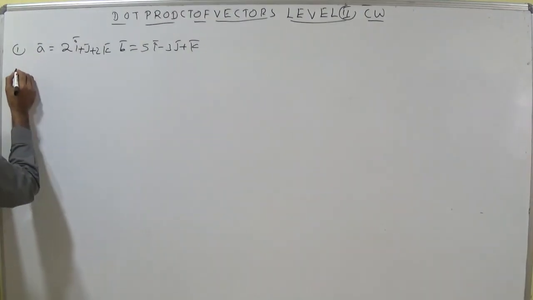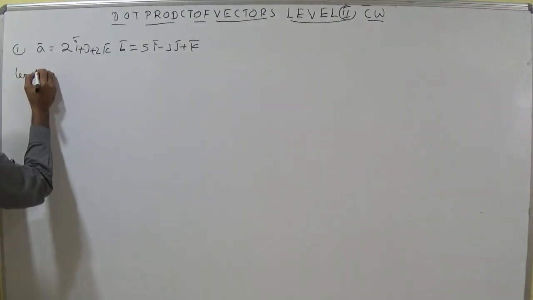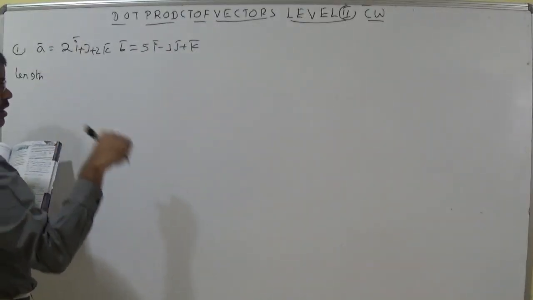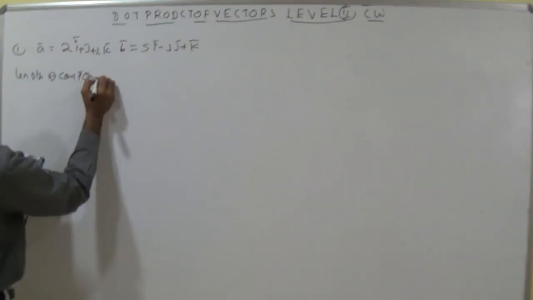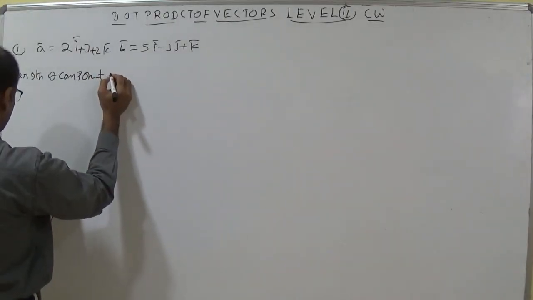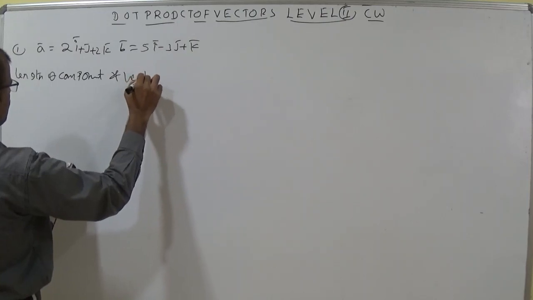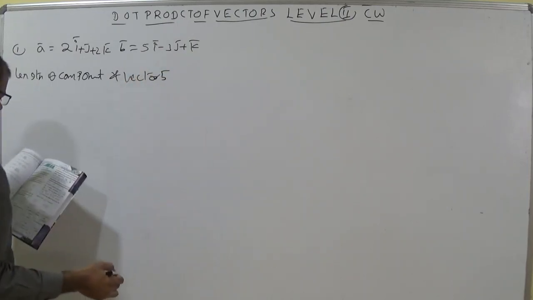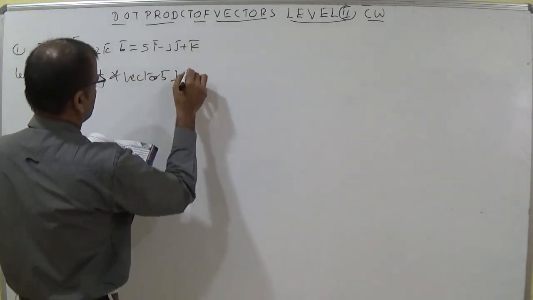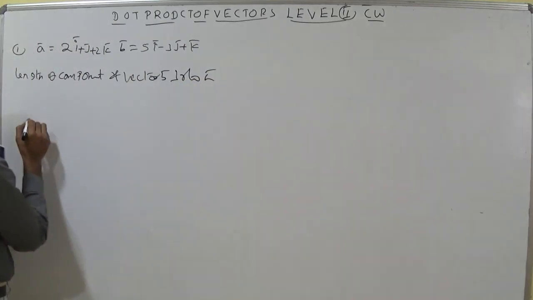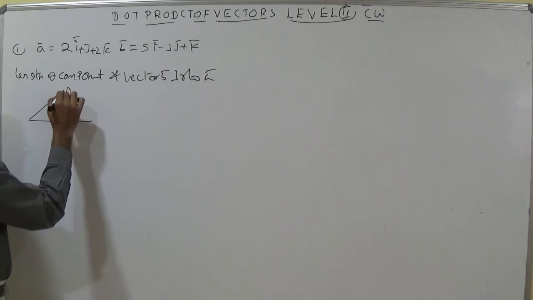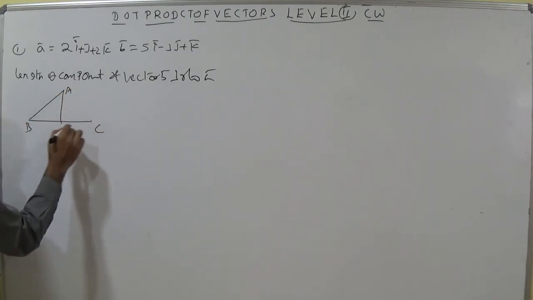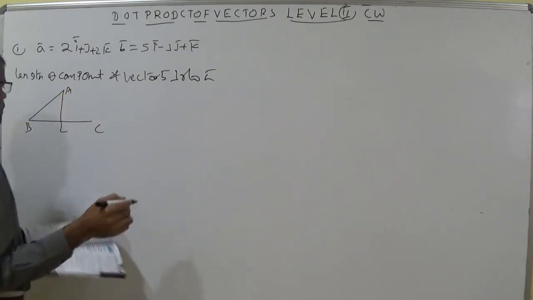Length of component means the magnitude of the orthogonal projection. I also explained the proof of the formula for the length of the component of vector B bar perpendicular to A bar.